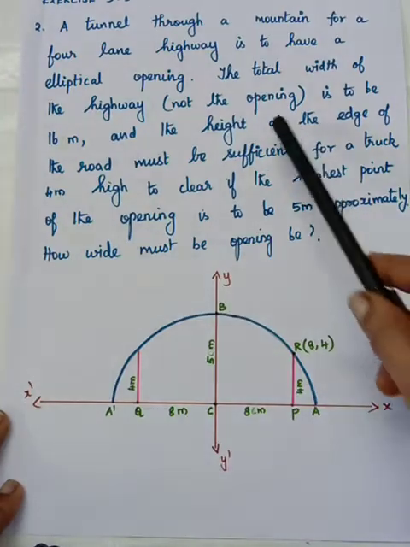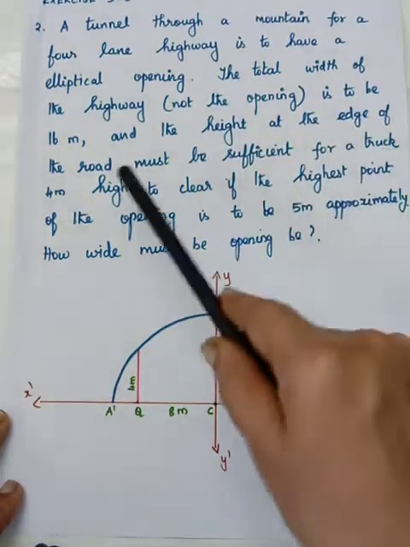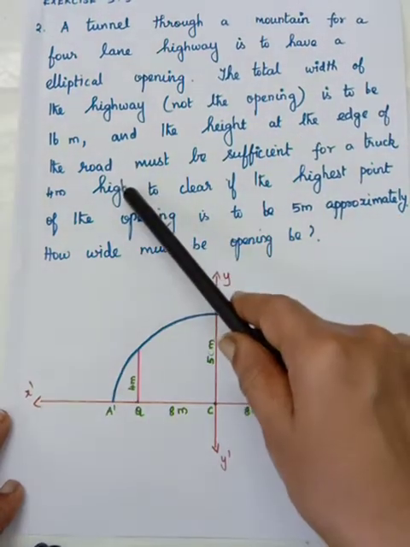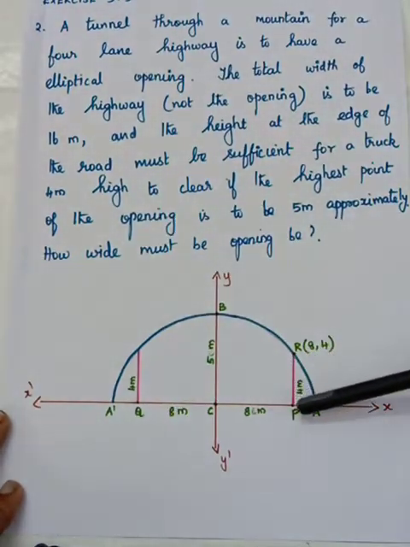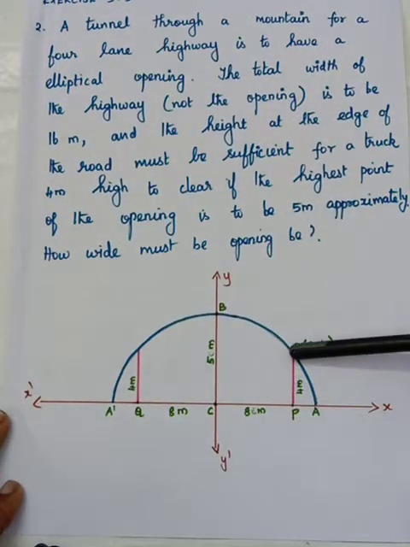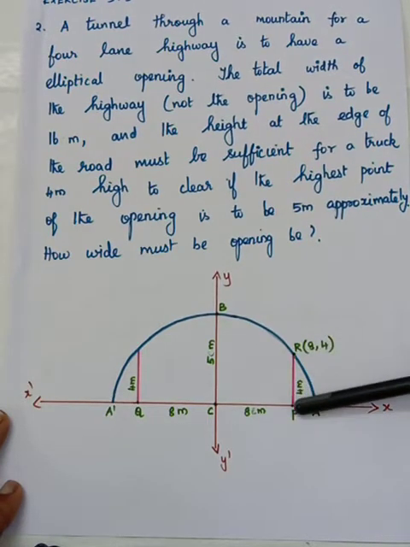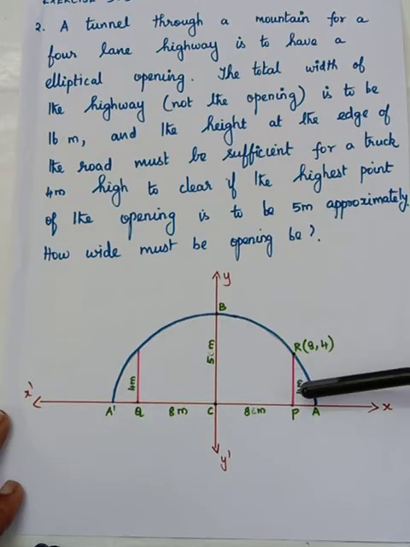Okay, and you see the height at the edge of the road. At the edge of the highway, the height is 4 meter. So why am I saying 4 meter?